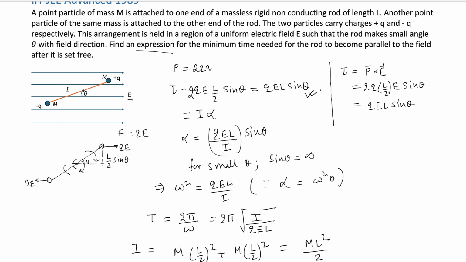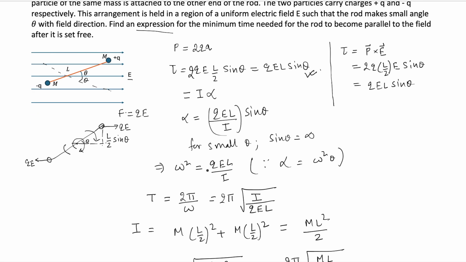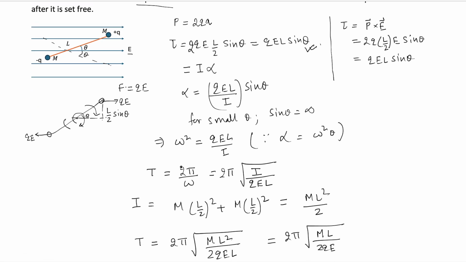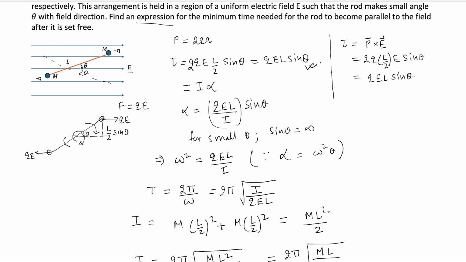Now if you see, the SHM will happen from here till another angle theta when this rod is like this, and it will keep doing this. So we are talking about 1/4 of the movement, because this will go here, half first quarter, second quarter, third quarter, and fourth quarter.